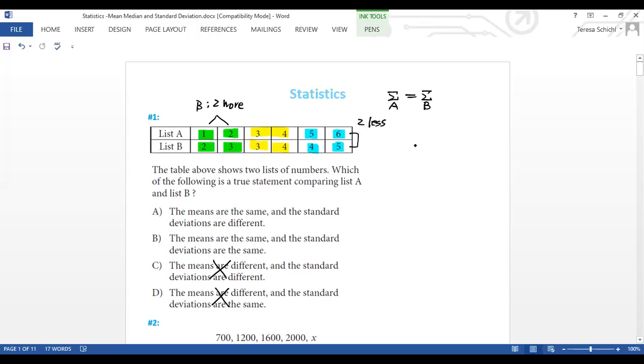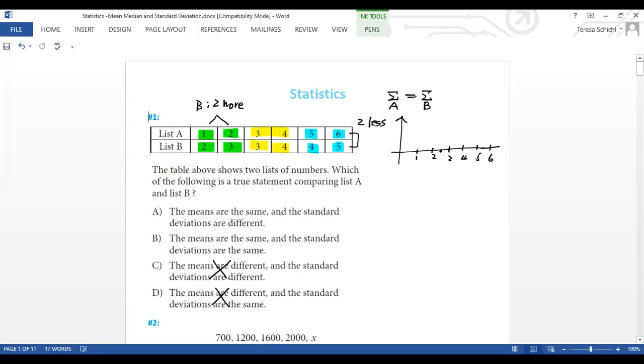Now the standard deviation. Let's take a look at what the standard deviation means here, right? Okay, so for list A, you have 1, 2, 3, 4, 5, 6. Each one has a single value, right?